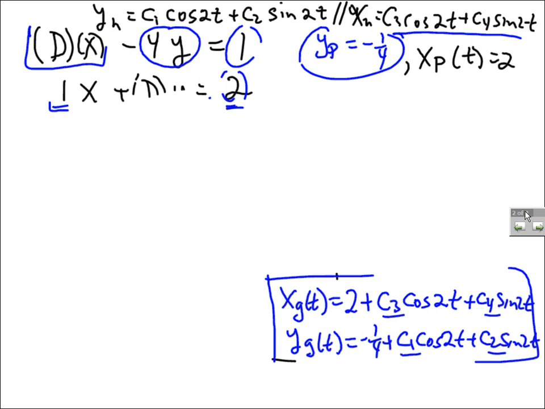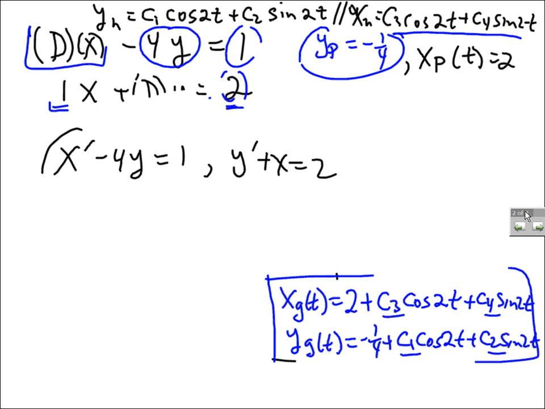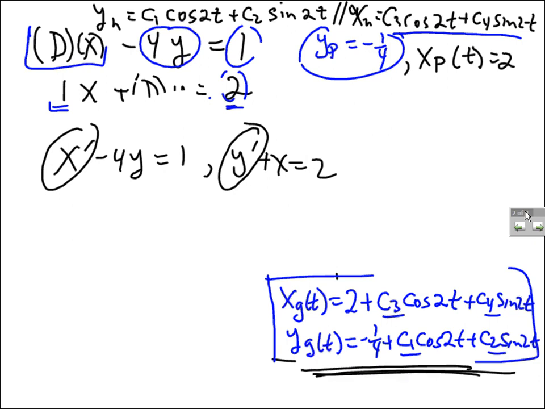Now, the 2 original equations were x prime minus 4y equals 1 and y prime plus x equals 2. Both of these equations just take the derivative of x or y, and looking down here, one is not easier than the other.